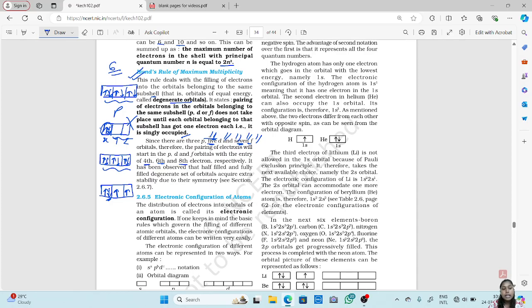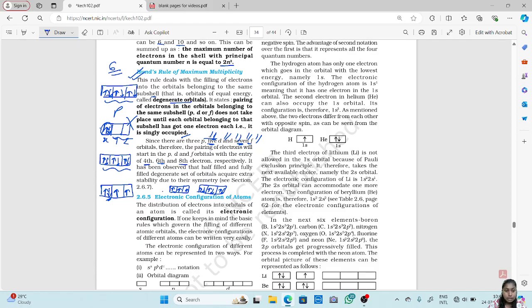Now it has been observed that half-filled and fully filled degenerate sets of orbitals acquire extra stability due to their symmetry. So when the orbitals 1, 2, 3, and 4, 5 and 6 are considered, this is a p orbital, right?